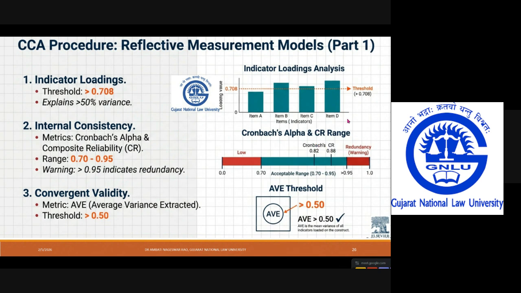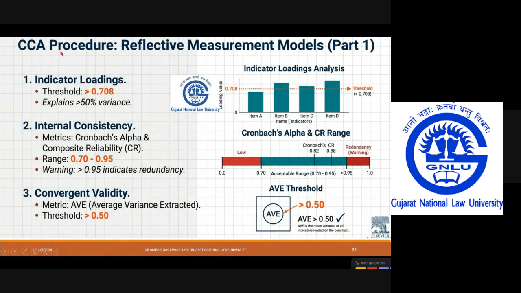So we need to have between 0.70 and 0.95, to show that the scale we have is good and excellent in terms of reliability. We are going to check it out. As a part of the reliability test, we have Cronbach alpha as well as CR, and we are going to look at the variance. I'm going to explain that.